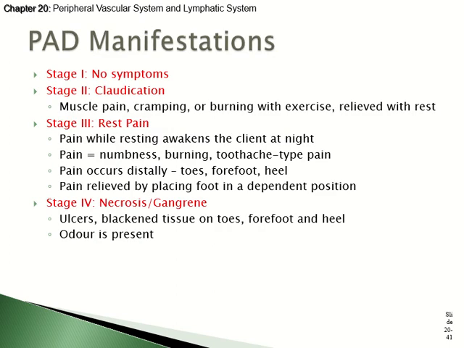So the manifestations of it. Stage 1, there's no symptoms. It's in its early onset, so there's nothing obvious. There's nothing that shows up yet. Stage 2 is when you start to feel muscle pain and cramping, and that happens usually with a set amount of exercise.